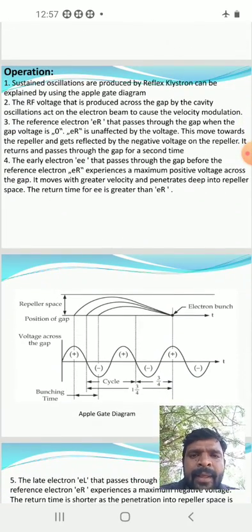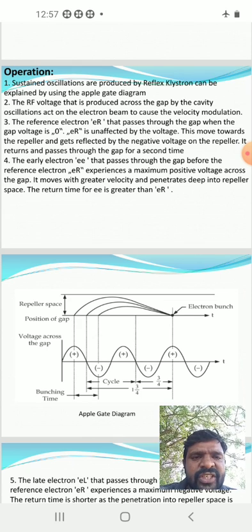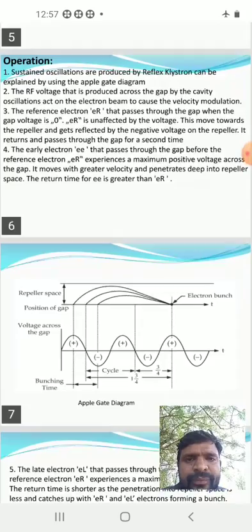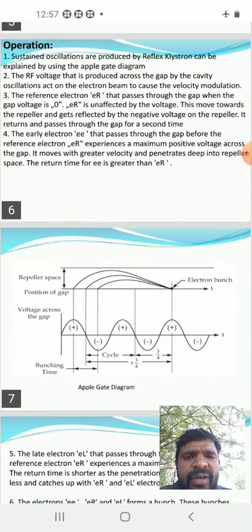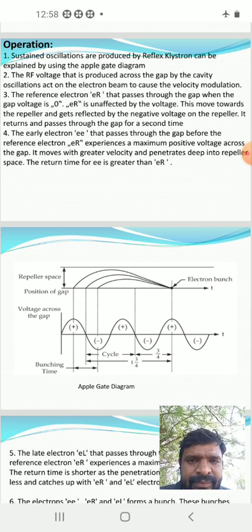Operation. Here the sustained oscillations produced by the reflex klystron can be explained by using the Applegate diagram. The diagram is shown below. The RF voltage that is produced across the gap by the cavity oscillation acts on the electron beam to cause velocity modulation.